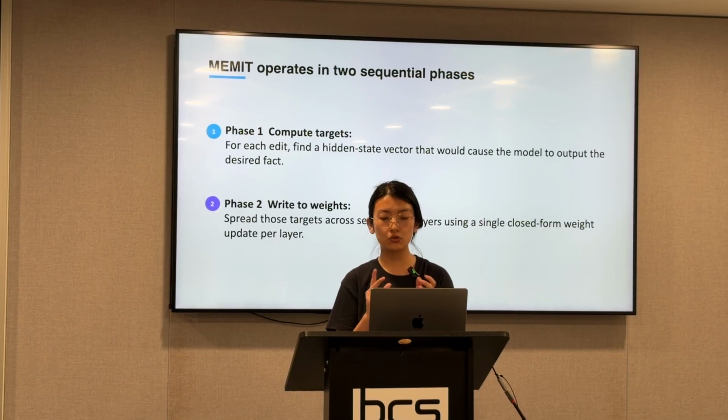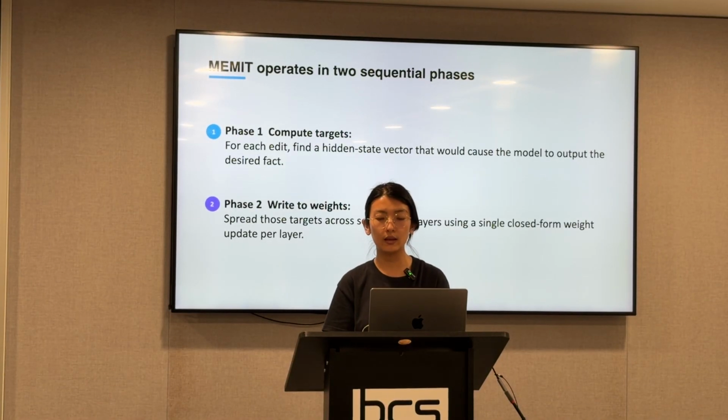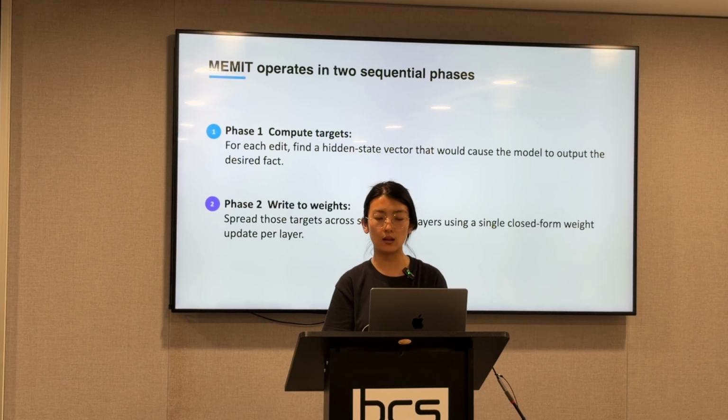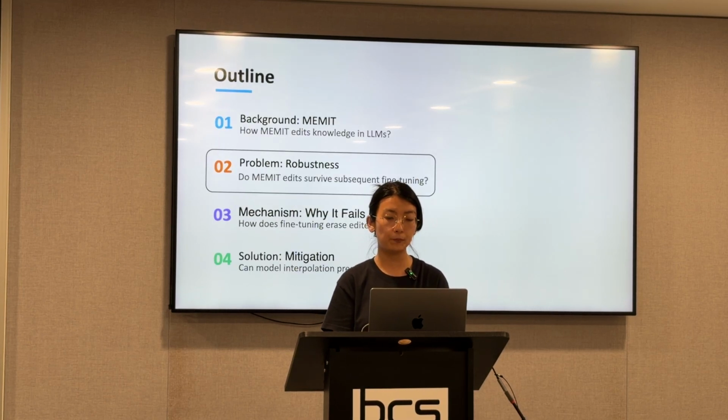We then distribute this target across several MLP layers using a closed-form weight update rather than modifying just one layer. MEMIT spreads this edit across multiple layers, which improves robustness to localization errors and allows batch editing for thousands of facts simultaneously.